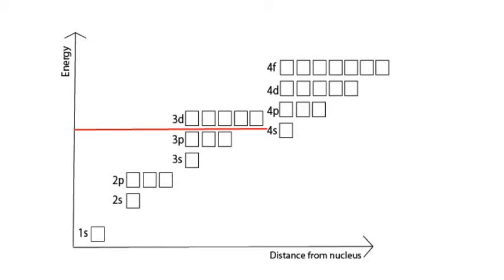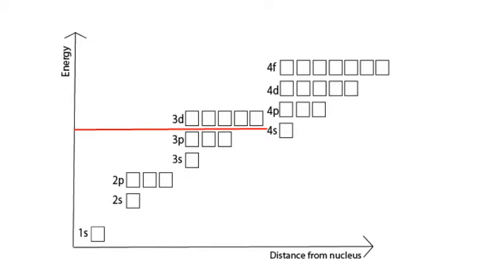Then the next highest in energy is the 2s, which belongs to the second shell, second energy level. The 2s sublevel is next in energy. Then you've got the 2p sublevel, and this has 3 orbitals. Now we represent that by showing 3 boxes, like we've done here.